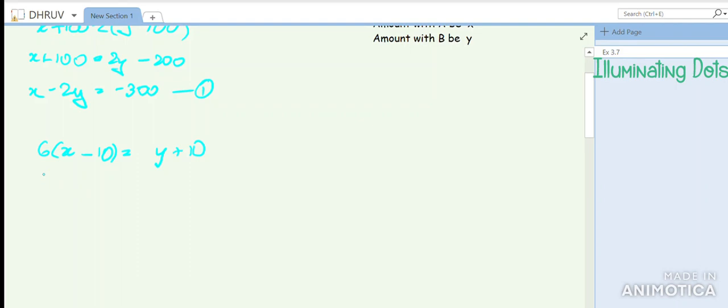Now simplify it, so 6x minus 60 is equal to y plus 10. Now 6x minus y is equal to 70. So this is the second equation here.